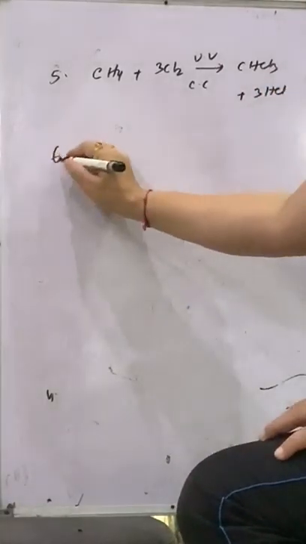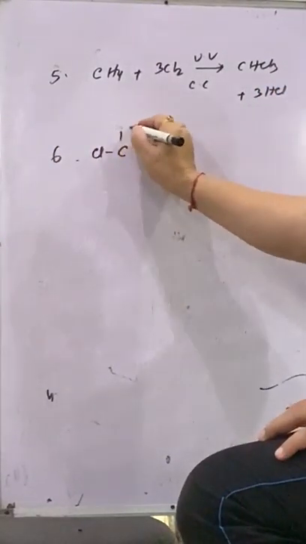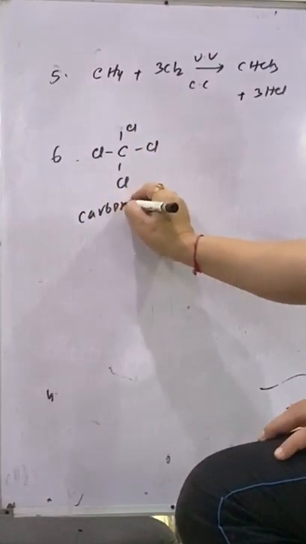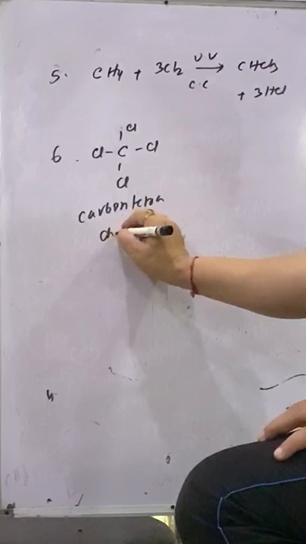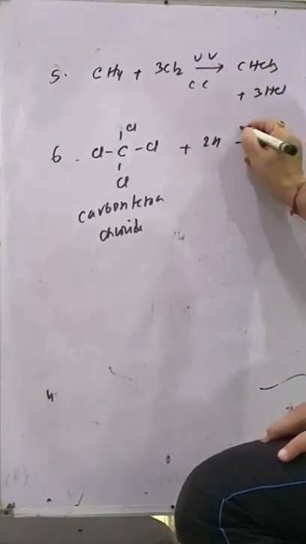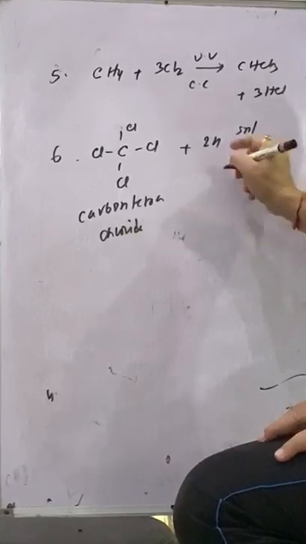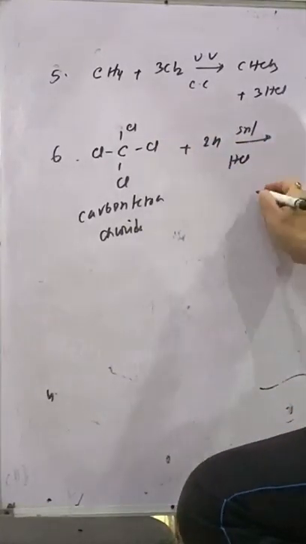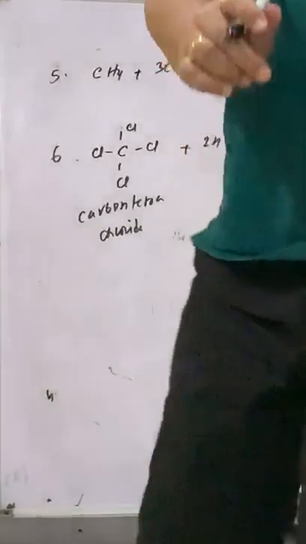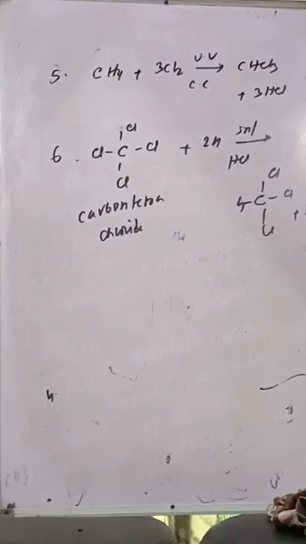And the last method: take CCl4, carbon tetrachloride, and treat it with 2H in presence of tin and HCl. So HCl will be out, and it becomes CHCl3 plus HCl. These are the methods of preparation of chloroform.